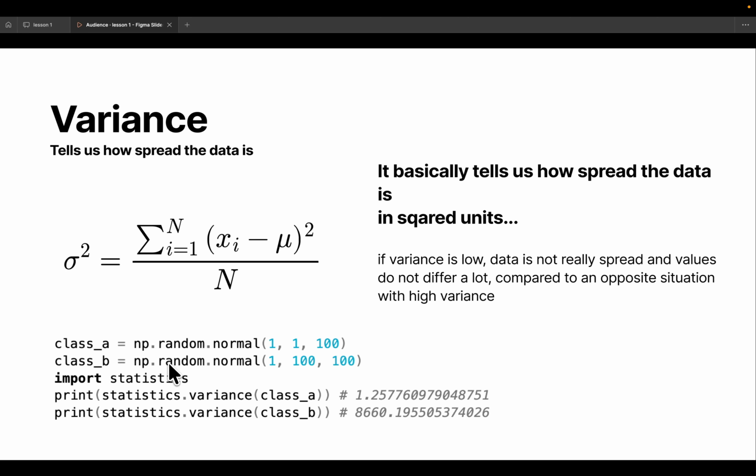And here is how we implement it in Python. I've created two random data sets. We use the statistics module, and we take its function called variance. It's as straightforward as it seems, it just gives us the variance of the data, and we may see that here the variance is 1.2, and here it is almost 9,000.